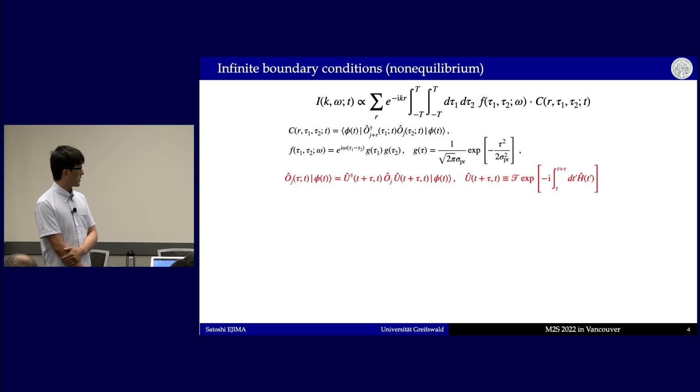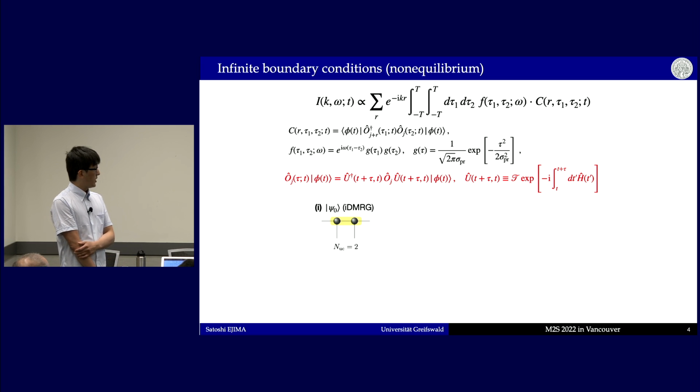So our task is to prepare O_j(tau, t) times the wave function phi(t), which is given by U dagger O U, and U is defined by this equation.